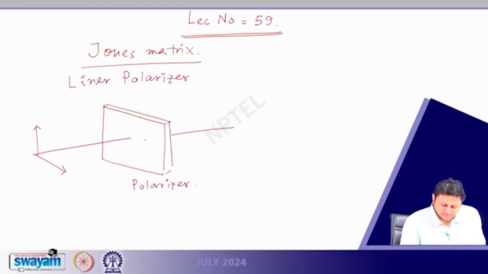This polarizer can have a certain pass axis. Say this is the pass axis, and if I launch unpolarized light, the light gets polarized here.